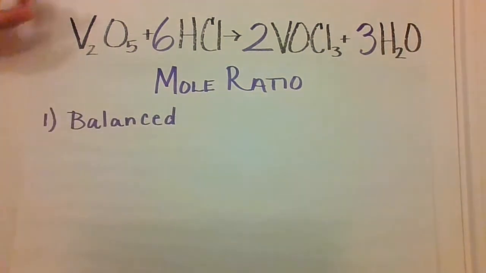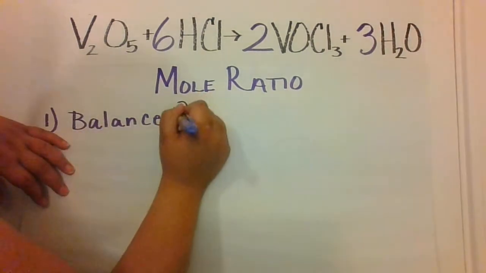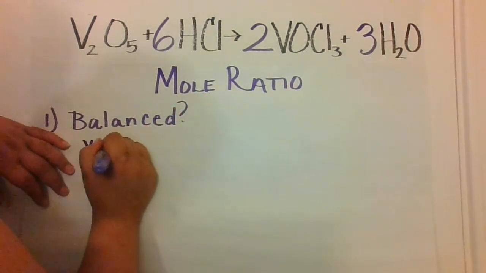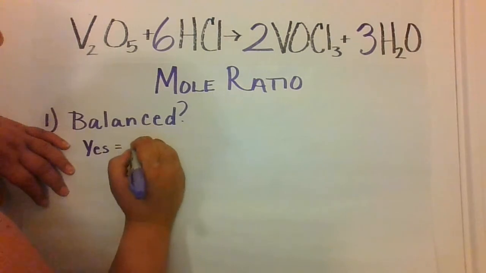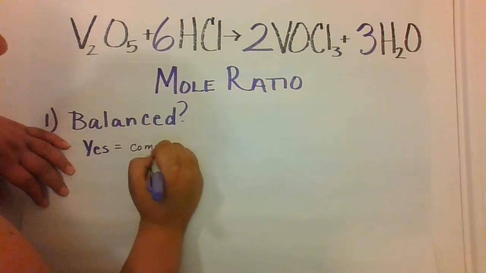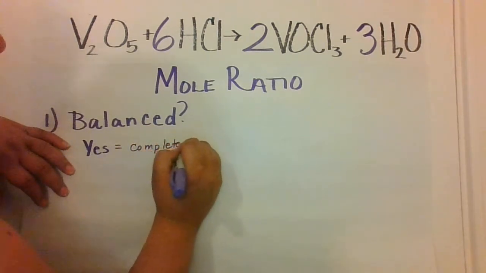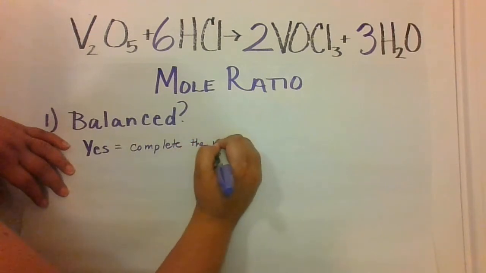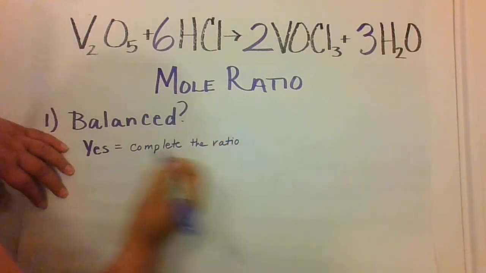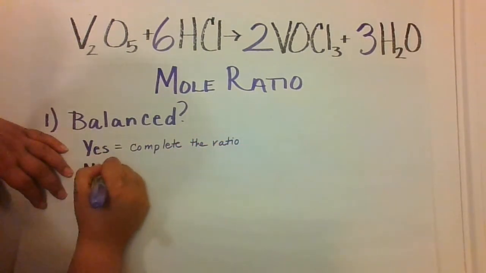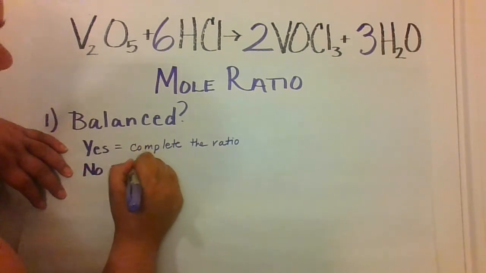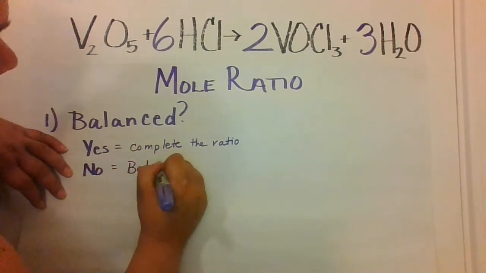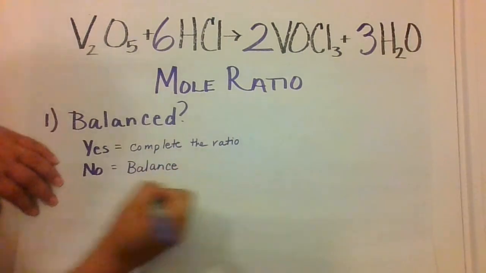If it is, you are good to go. So balanced, yes, you can complete the ratio. If your answer is no, you must go back and balance your equation.